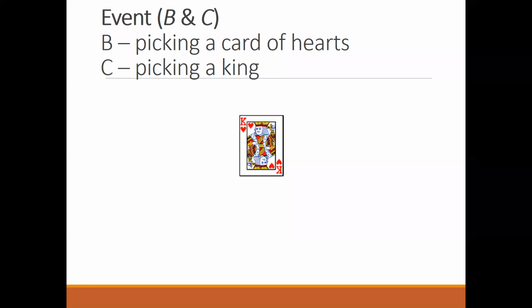Now, if I put an AND in between B and C, these two probabilities will change. Please remember, even in the 13 by 52 hearts, one of the cards is the king of hearts. When we consider four kings, one of the kings is of hearts.